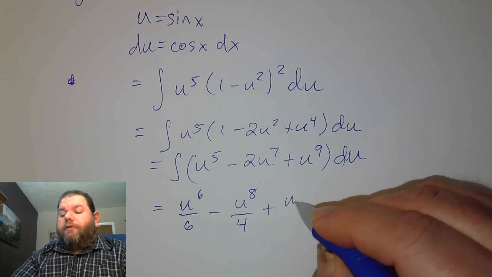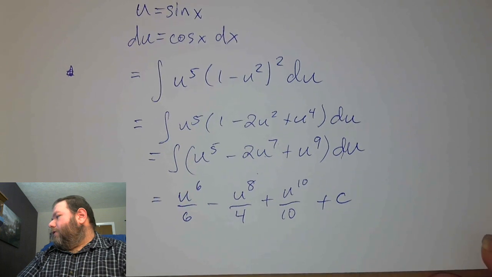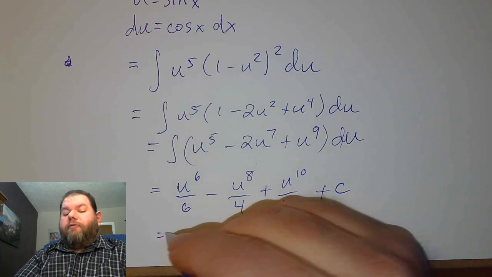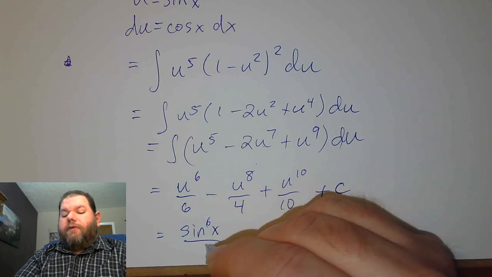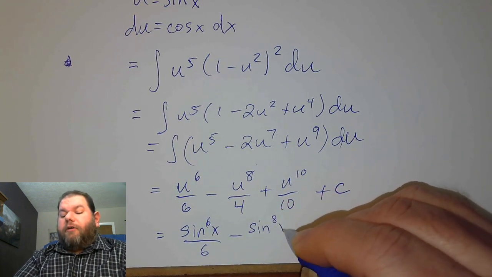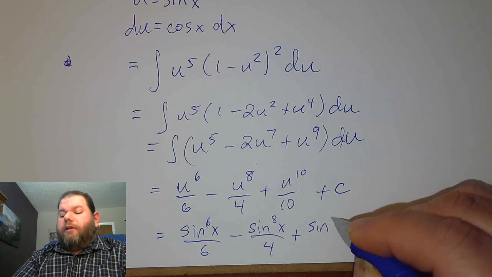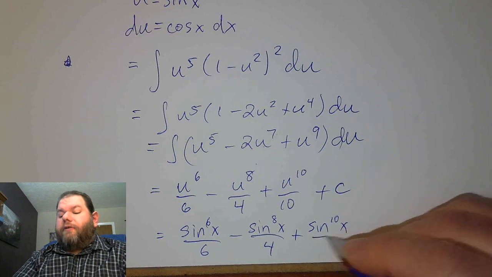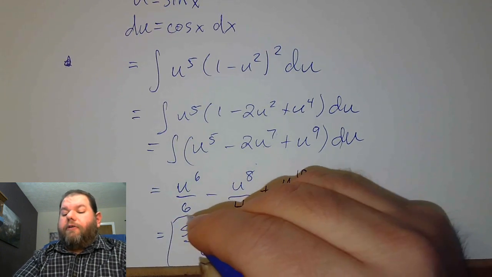And then plus u to the 10 over 10 plus c. And finally that would be sine to the 6th of x over 6 minus sine to the 8th power of x over 4 plus sine to the 10th power of x over 10 plus c. And that would be our answer.